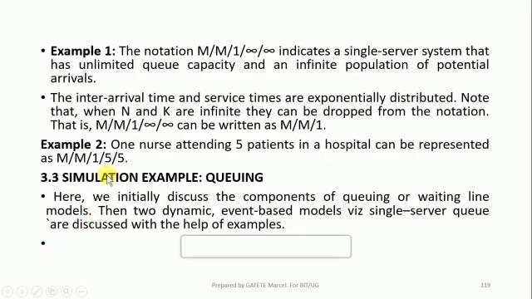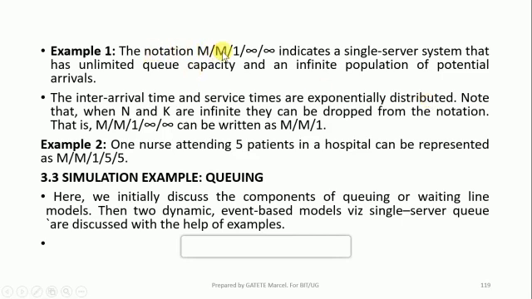Let's see an example. The notation M/M/1/infinity/infinity indicates that we have a single server system that has unlimited queue capacity and infinite population. The entire arrival and service time are exponentially distributed. That is why we put M here and M here.